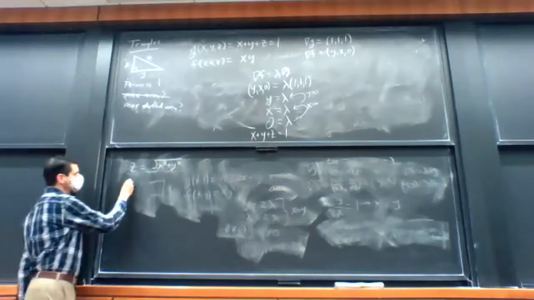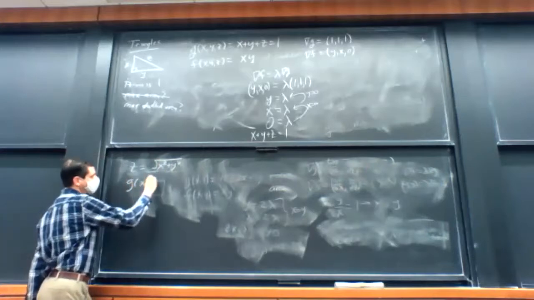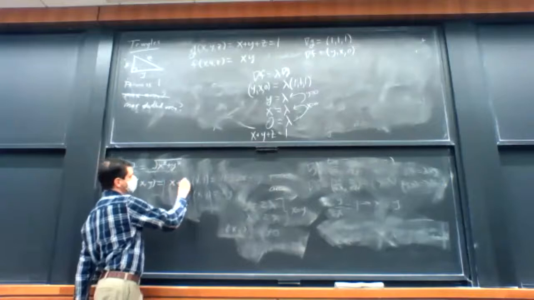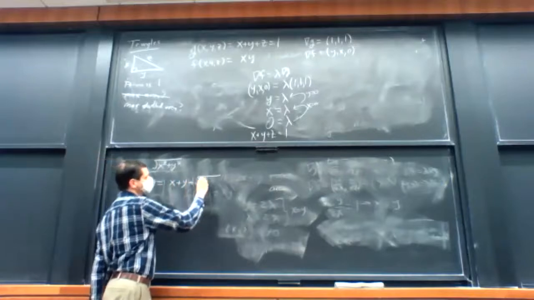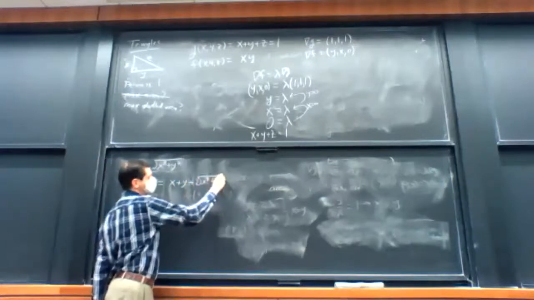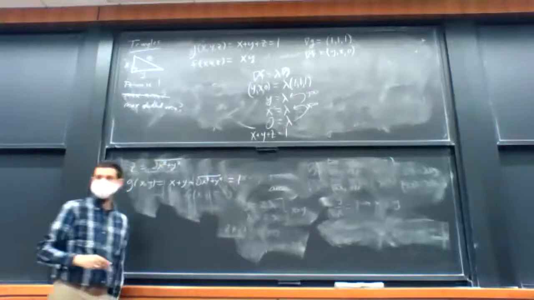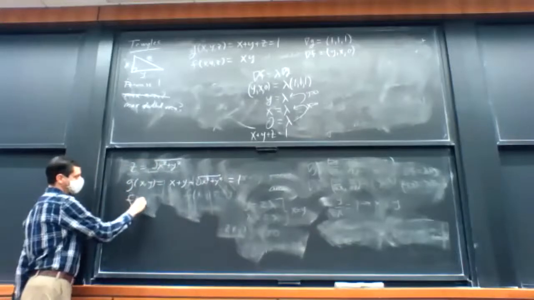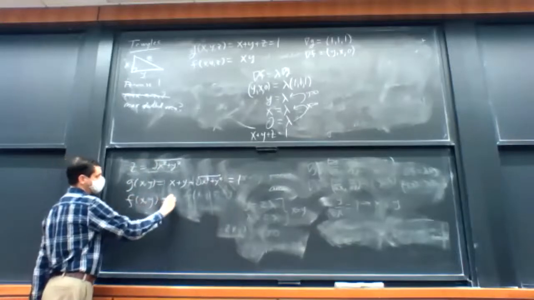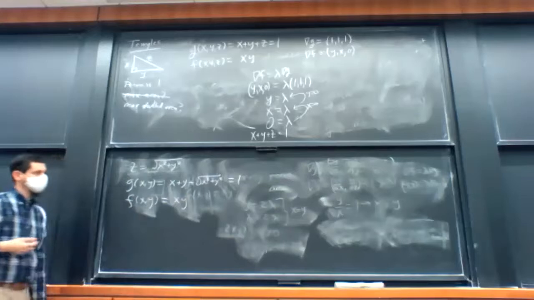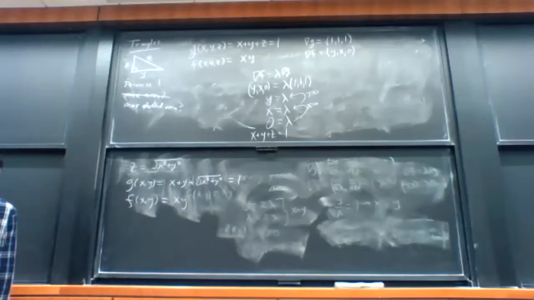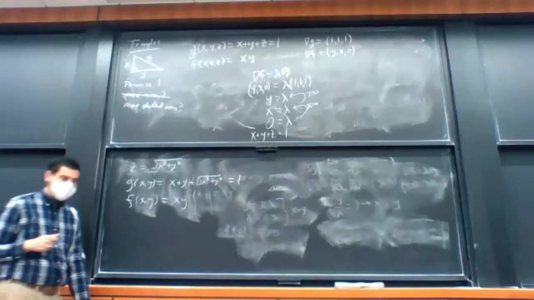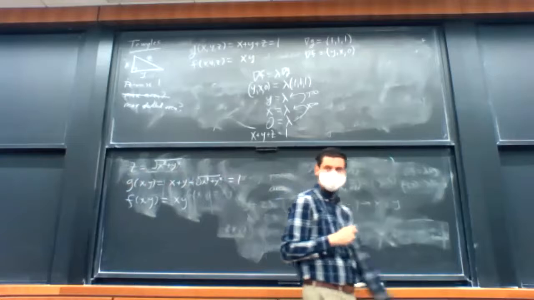So I could say my constraint is g of x, y is x plus y plus square root of x squared plus y squared equals 1. And f of x, y is the double derivative. Now I have the right set of constraints.